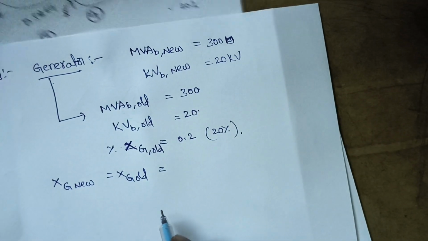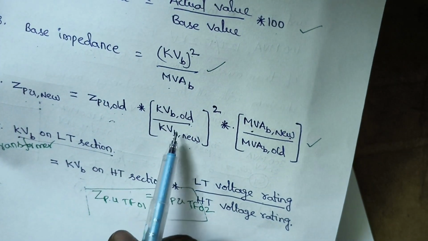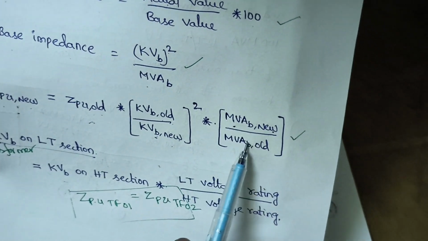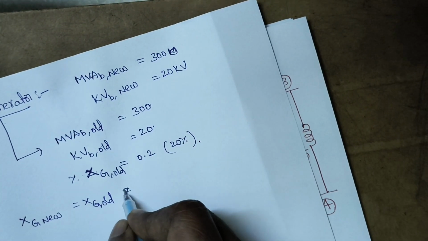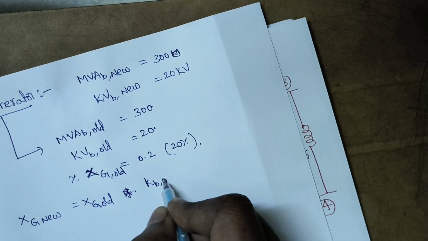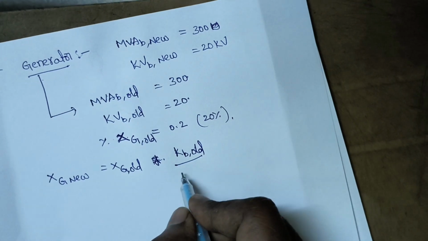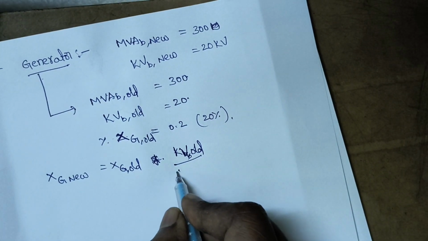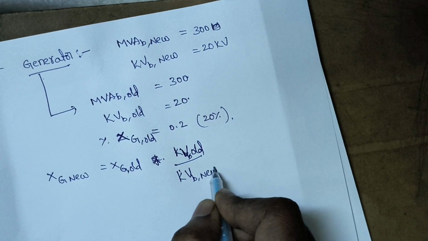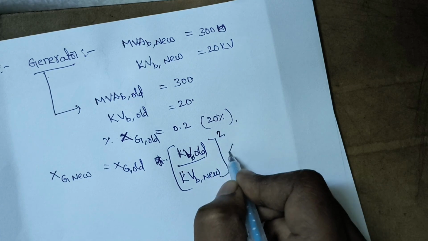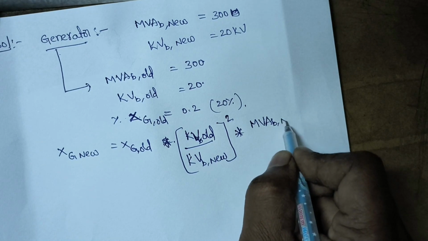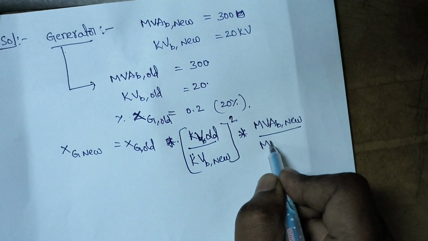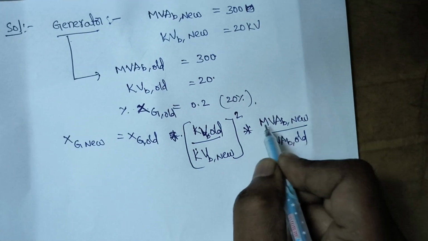Xg new is equal to Xg old into (kV base old by kV base new) whole square into MVA base new by MVA base old.